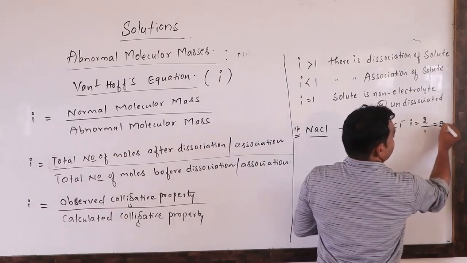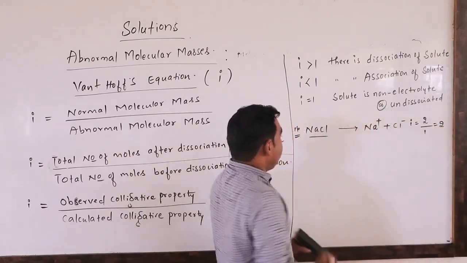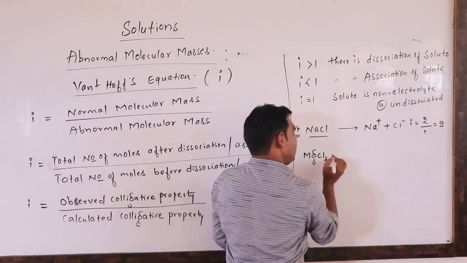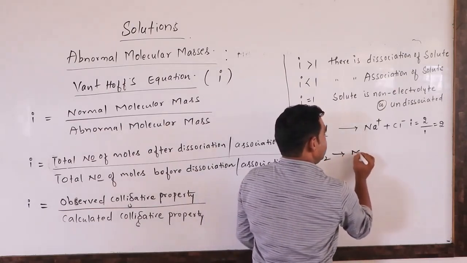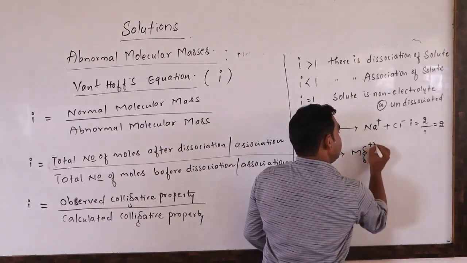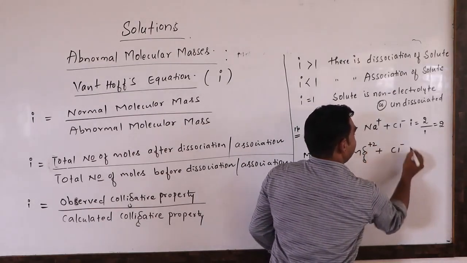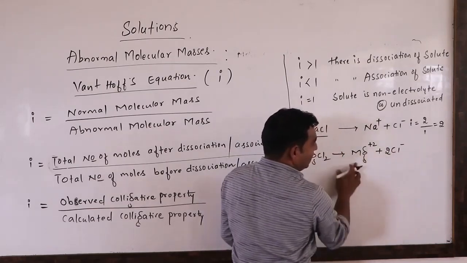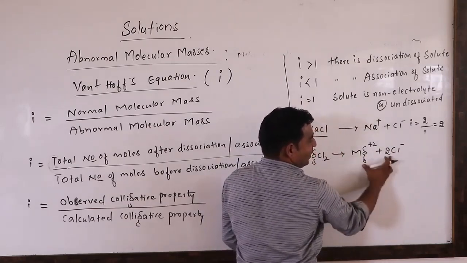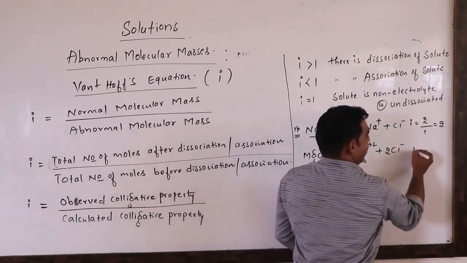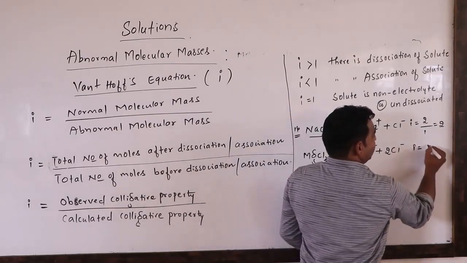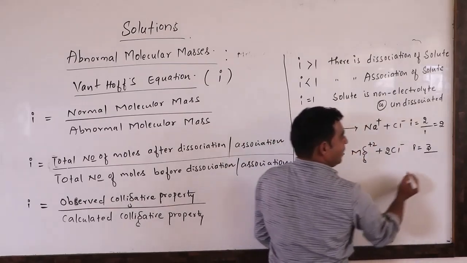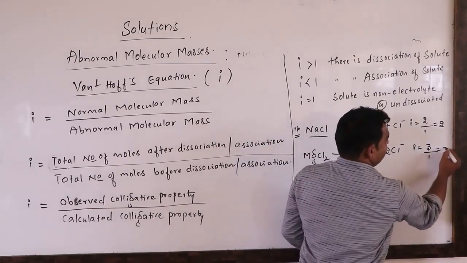The i value is 2. Take one more example, MgCl2. After dissociation it gives Mg 2 plus and Cl minus, and there are 2 Cl, so you have to multiply by 2. The total number of moles of ions is 1 plus 2, which is 3. The i value is 3 divided by 1, which is 3.